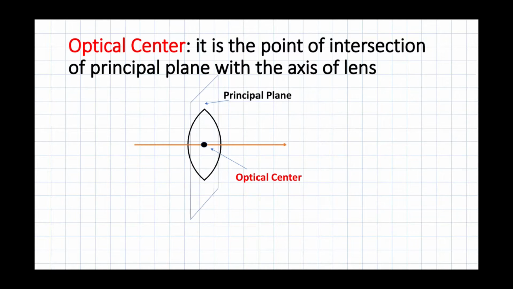This is a plane that is called the principal plane. The point at which this optical axis intersects the principal plane is called the optical center. So these are a few important things related to understanding optics.